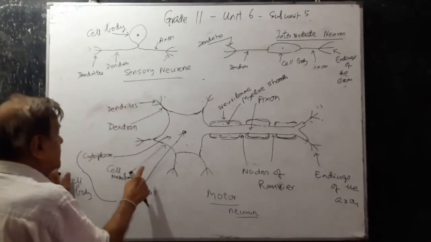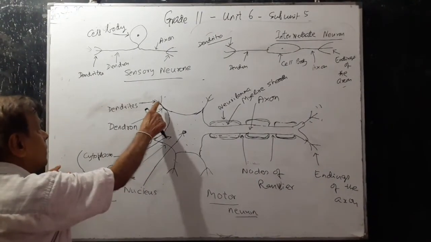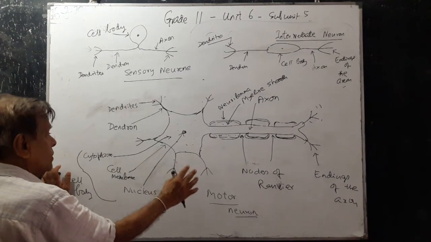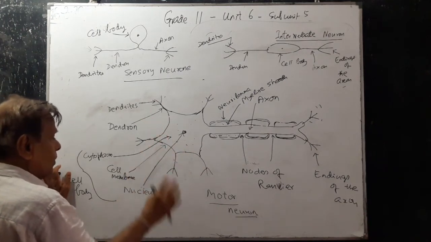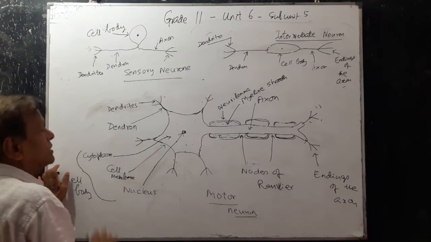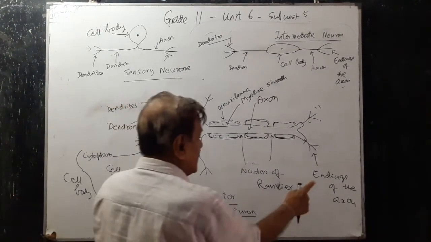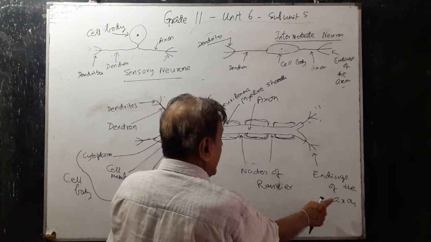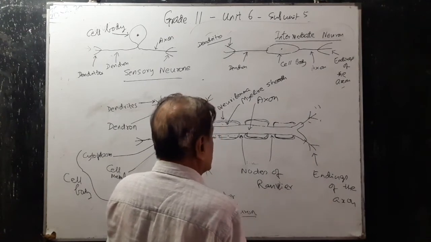Where do you find the dendrites of the motor neurons? Are dendrites of motor neurons present in the central nervous system? Where do you find the endings of the axons of motor neurons?